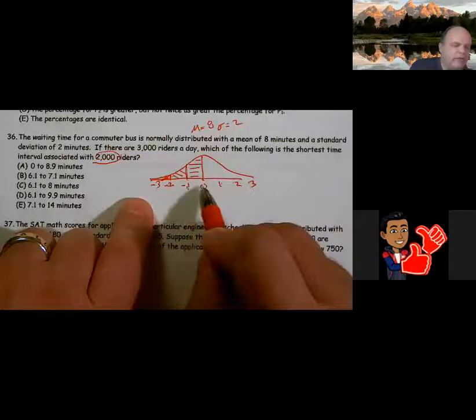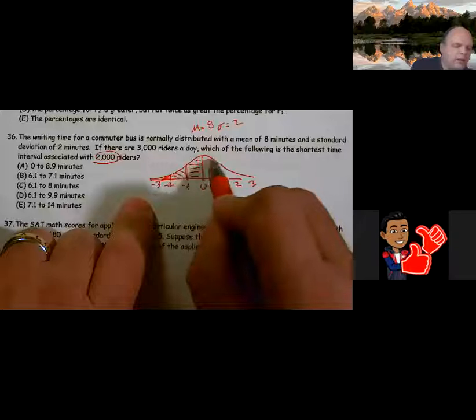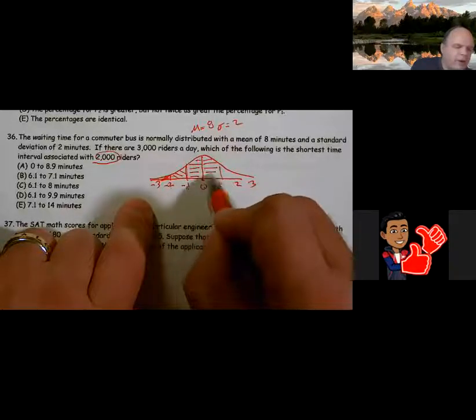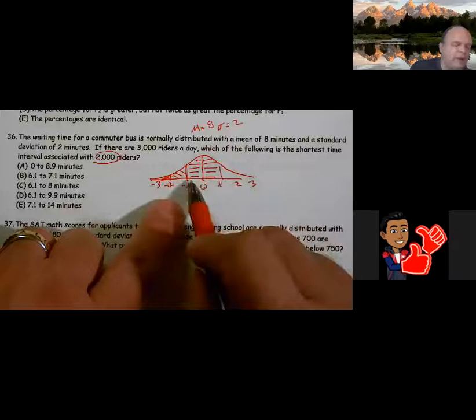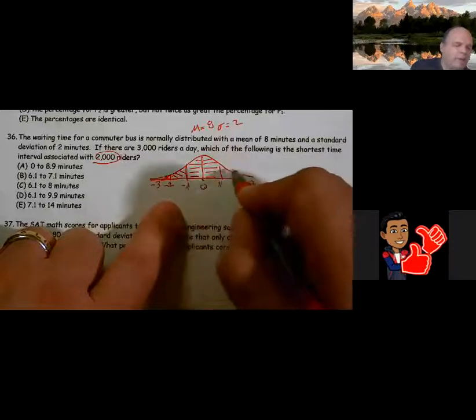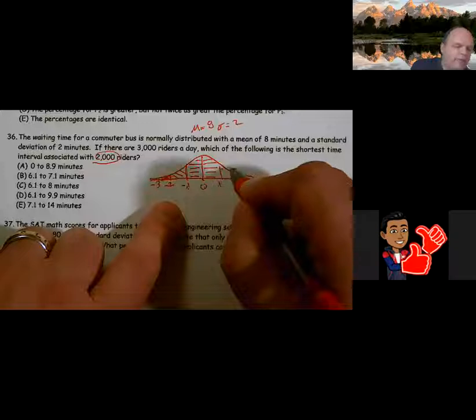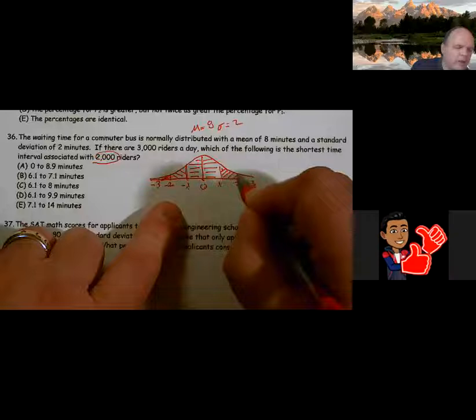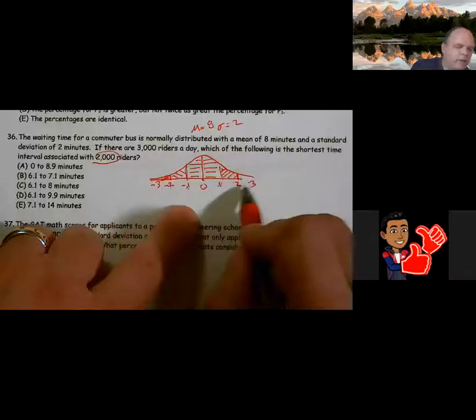Now, -1 to 0 and 0 to 1 have exactly the same number of data points because they have the same area. Then -1 and -2 have the same number as well, and then -3 to -2 and +2 to +3.